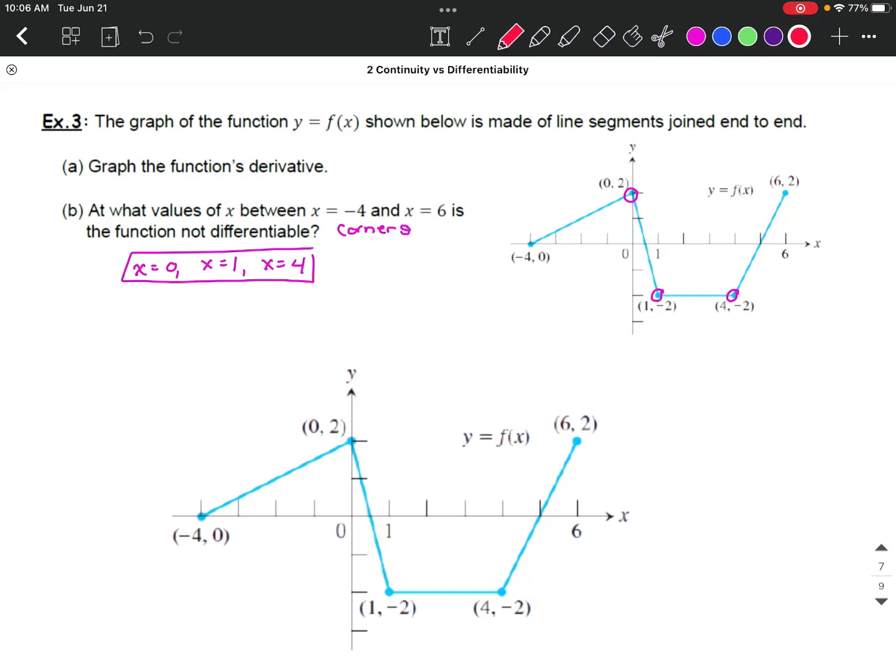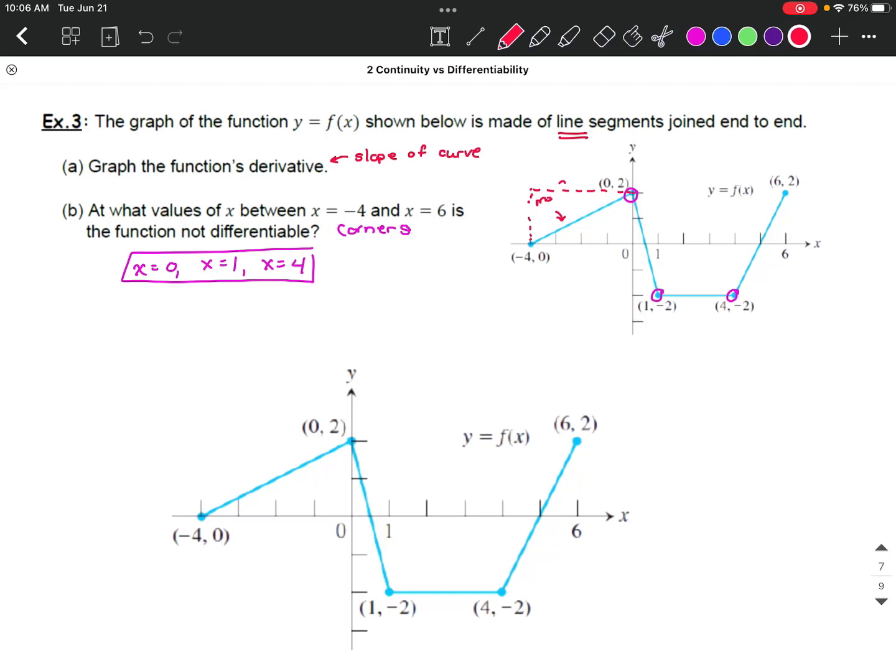Graph the function's derivative. Now, this function is made up of linear segments. Okay, all lines have a constant slope, and the derivative is the slope of the curve. So if we find the slope of the line, that will tell us the graph that we should be graphing. So if you think about this piece, it's going up 2 and over 4.